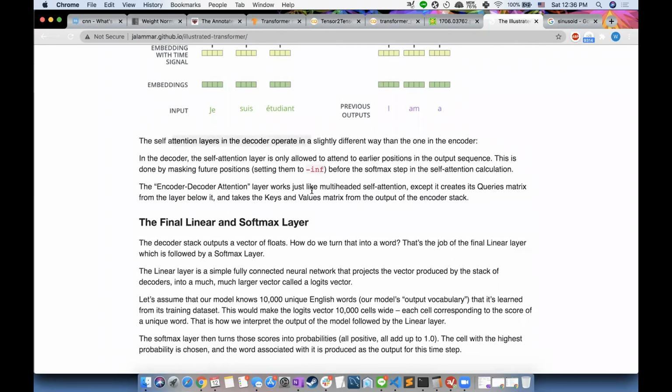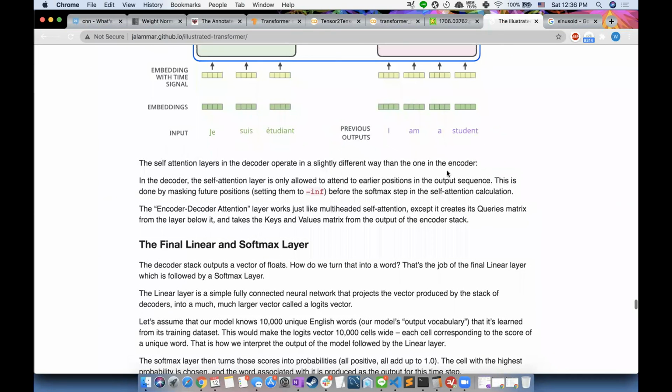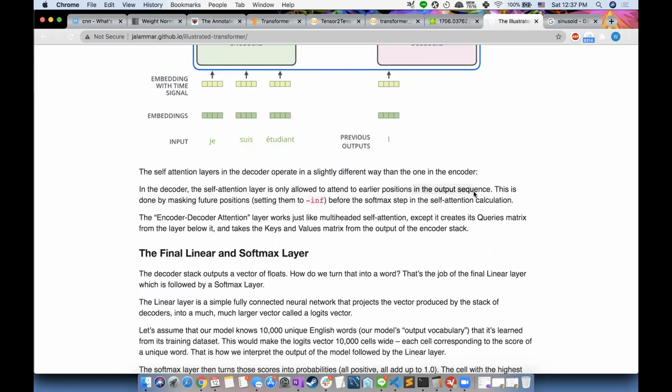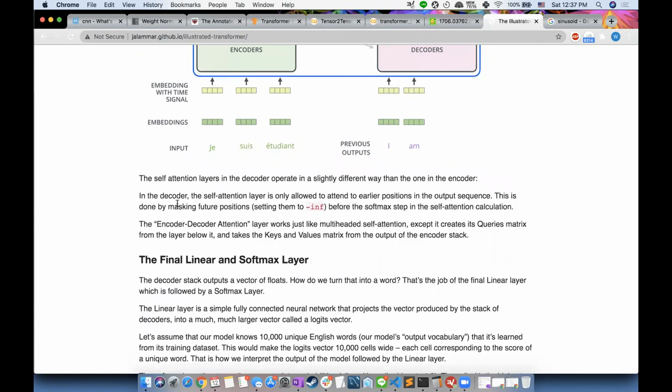The self-attention layer in the decoder operates in a slightly different way than the one in the encoder. As we said, there are some differences. It's not exactly the same. In the decoder, the self-attention layer is only allowed to attend to earlier positions in the output sequence. This is done by masking future positions before the softmax step in the self-attention calculation.